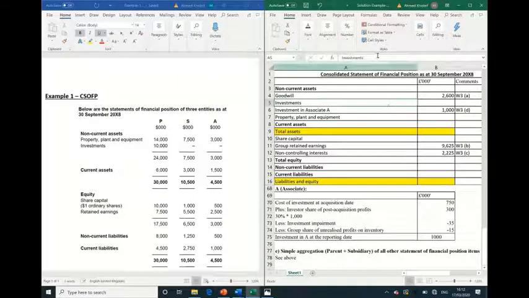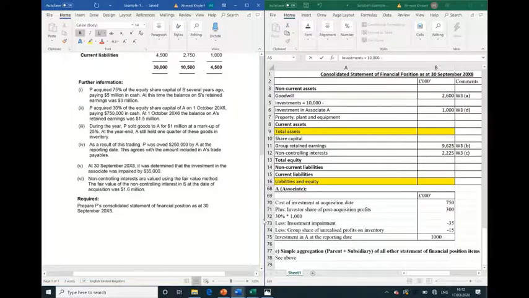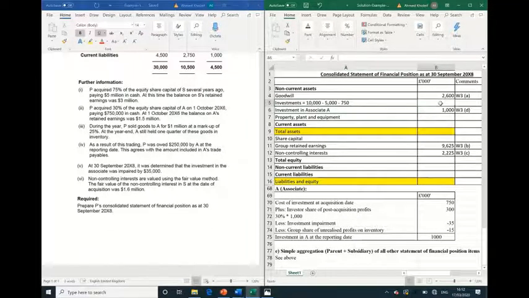Investment. So the investment here, the total amount of the investment is 10,000. 5,000 is related to the subsidiary. We have 5,000, this needs to be excluded. And another 750 is related to the associate.